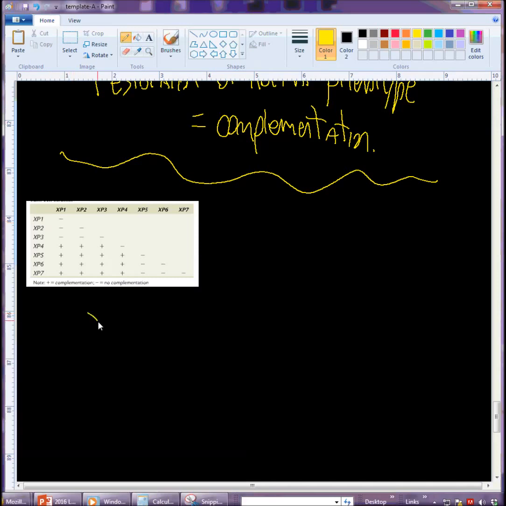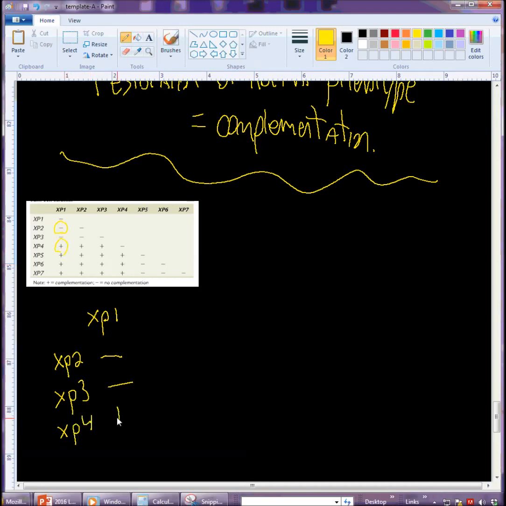So if we take XP1, a cell line, and we fuse it with XP2 here, we can see a heterokaryon composed of XP1 and XP2 does not perform unscheduled DNA synthesis. Between XP1 and XP3 does not. How about between XP1 and XP4? Yes, it does.